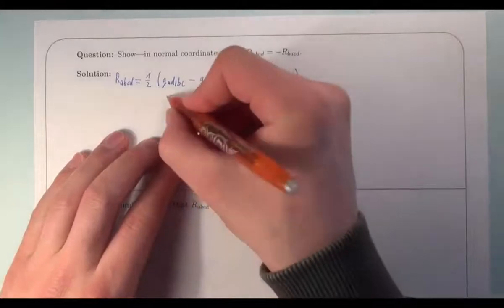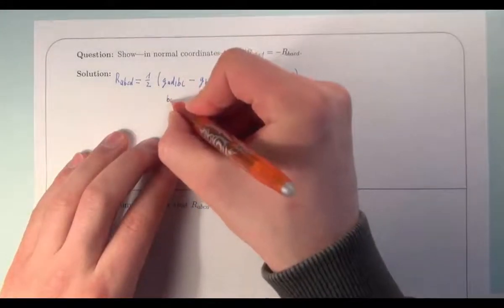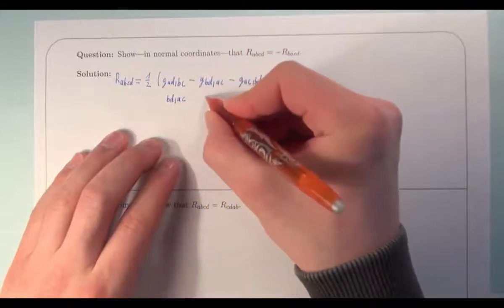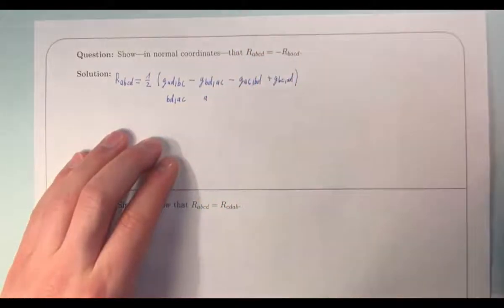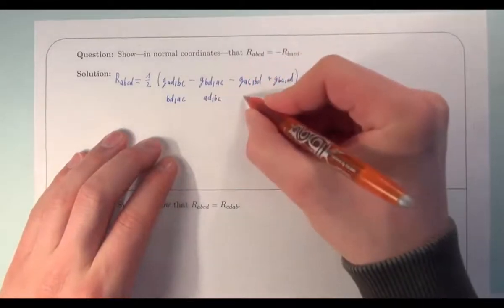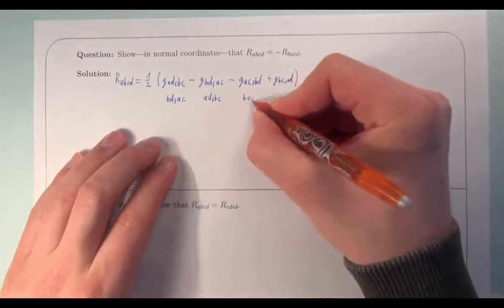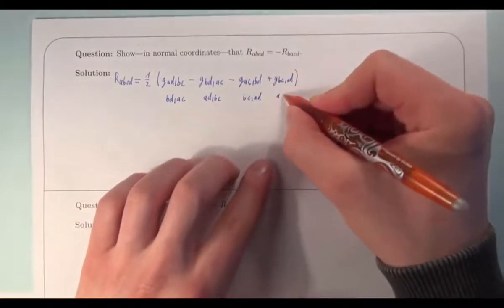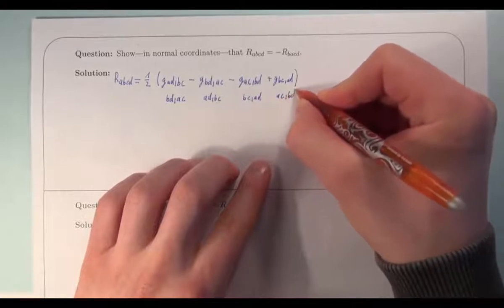I write it below. So we want BD,AC. Here we want to have AD,BC, and here we need BC,AD. And in the last term we need AC,BD.